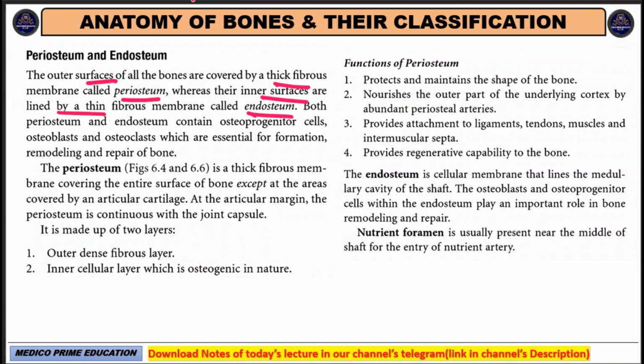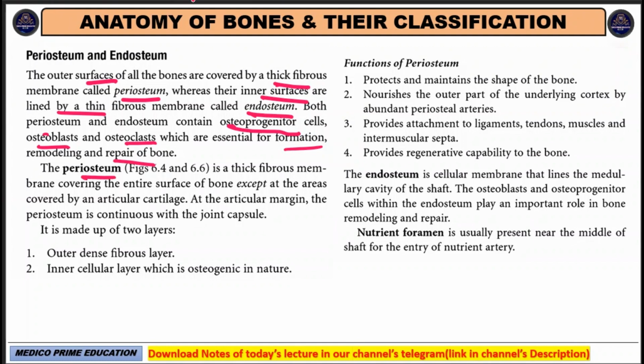Both endosteum and periosteum contain osteoprogenitor cells, osteoblast cells, and osteoclast cells, bone forming and bone resorbing cells. These cells help in the formation and repair of the bone.